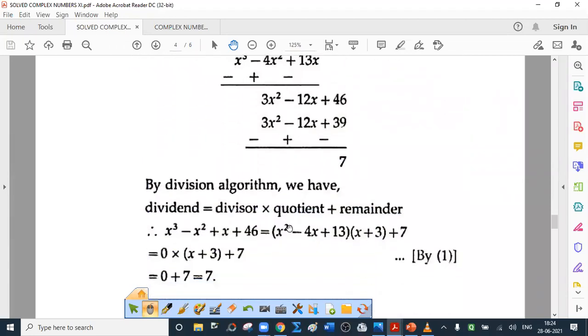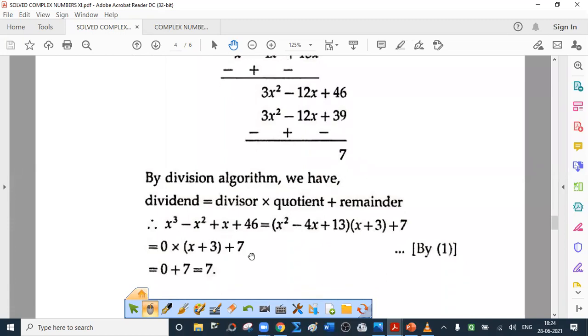I'm writing everything in the numerator. In other words, I have expressed this in terms of x square minus 4x plus 13. Why in this form only? Because I know the value of this expression is nothing but 0. So what is the final answer? Final answer is 7. I'm going to tell you the shortcut method also.